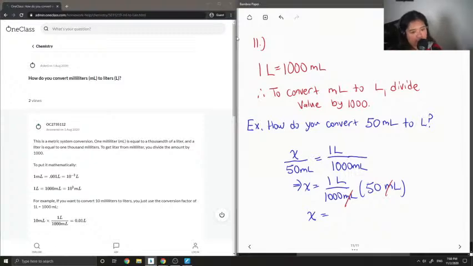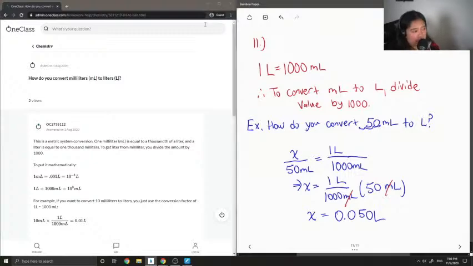And then I also just like to move the decimal if you don't have a calculator handy. Let's say the decimal's here. It's gonna move 3 spaces to the left. So x is equal to 0.050 liters.